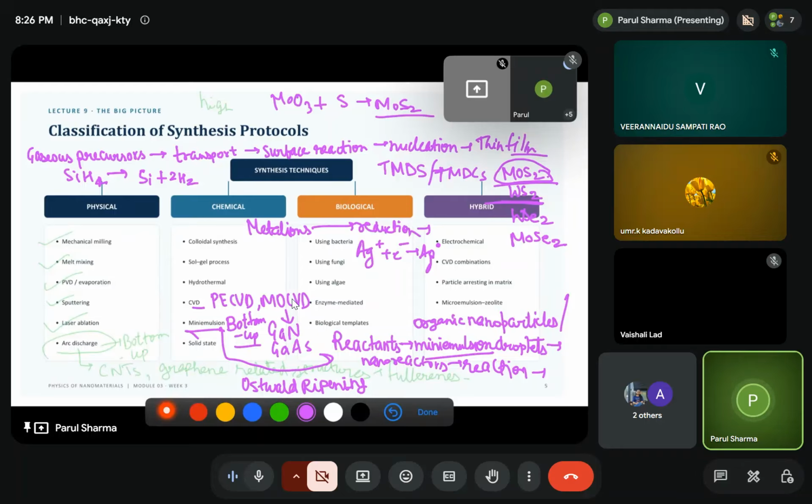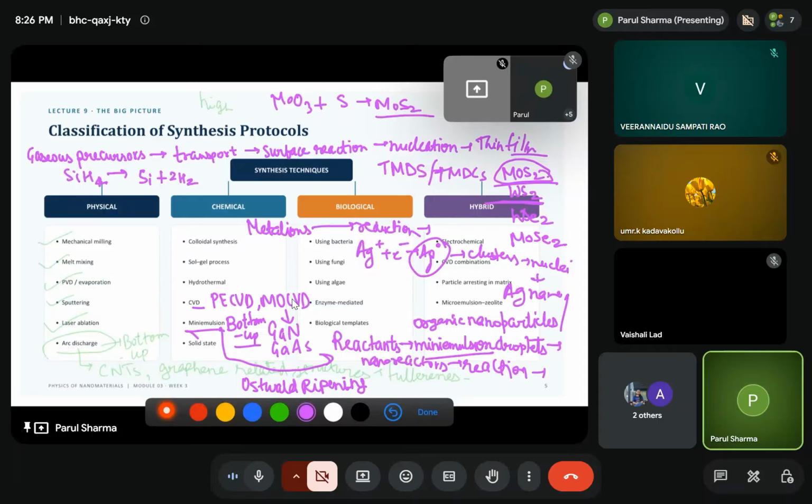So the newly formed atoms can form clusters and nuclei, and then it will give the Ag nanoparticles.